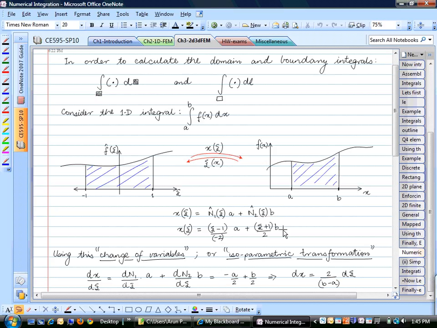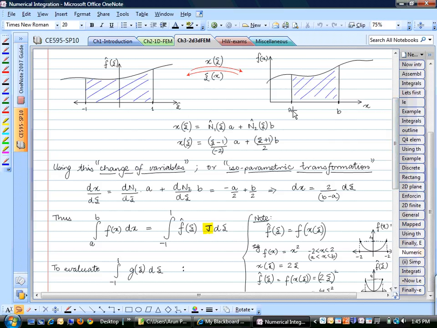If it is a little bit offset, then you would be mapping this length to a shorter element and this length to a bigger element. So you have to keep this in mind later on when we talk about higher order elements. This mapping need not be linear. But if you are using linear shape functions, then this mapping is going to be linear. Does that make sense?